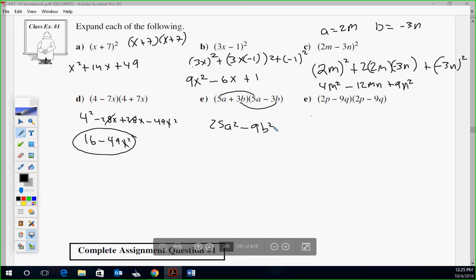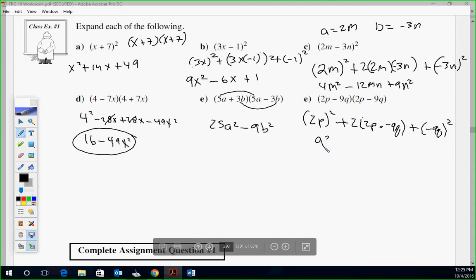So I have to go 2p squared. They're both negative, so it's going to be a minus 2 times 2p times, well, I'll put a plus times a negative 9q. The negative will come from there. Plus negative 9q squared. Again, this is the form from above.